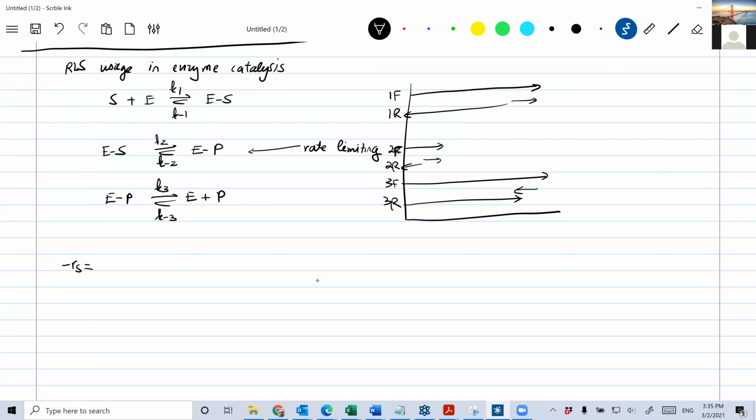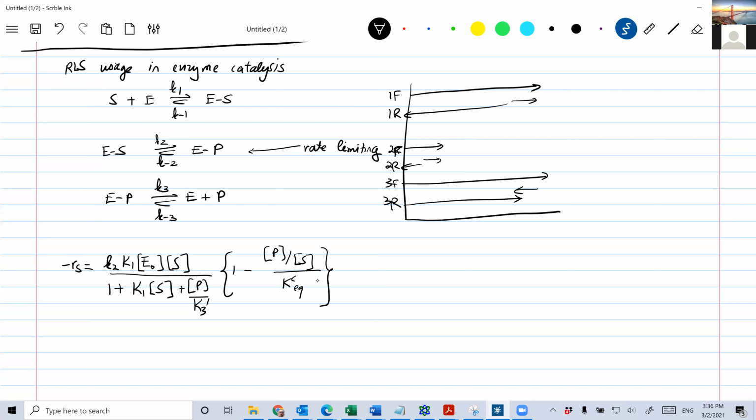So we have gotten to this form of the rate expression after some rearrangement. And this is in the book.